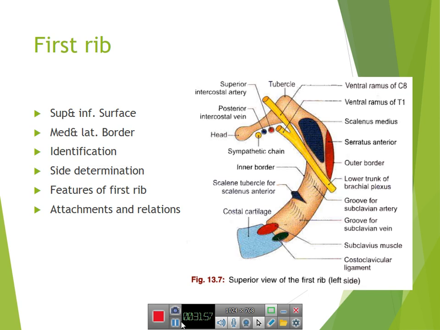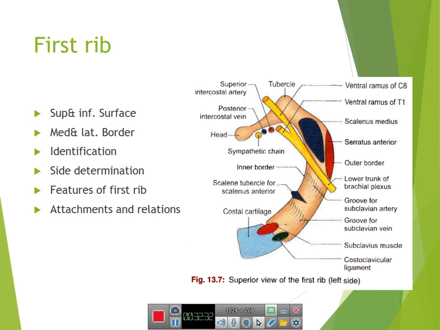There is no costal groove. And number three, the first rib is flattened from above downwards, so it has superior and inferior surfaces instead of lateral and medial surfaces, and outer and inner borders.